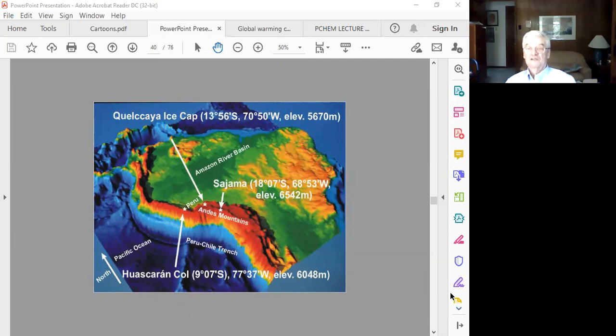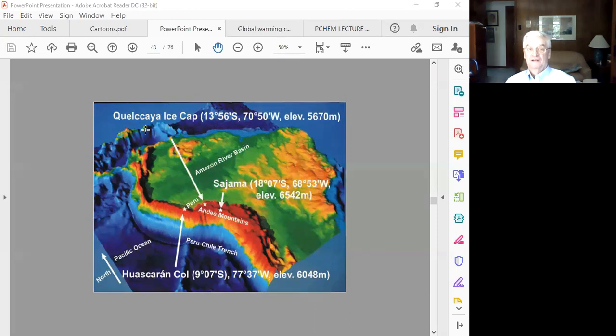A very interesting country, actually very much like Texas. They have real cowboys and kind of dry areas and stuff like that. Anyway, enough about Argentina.